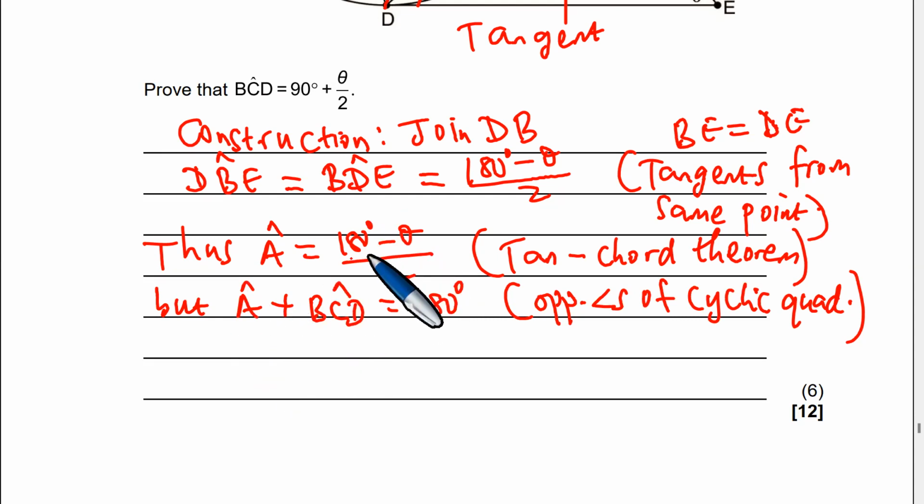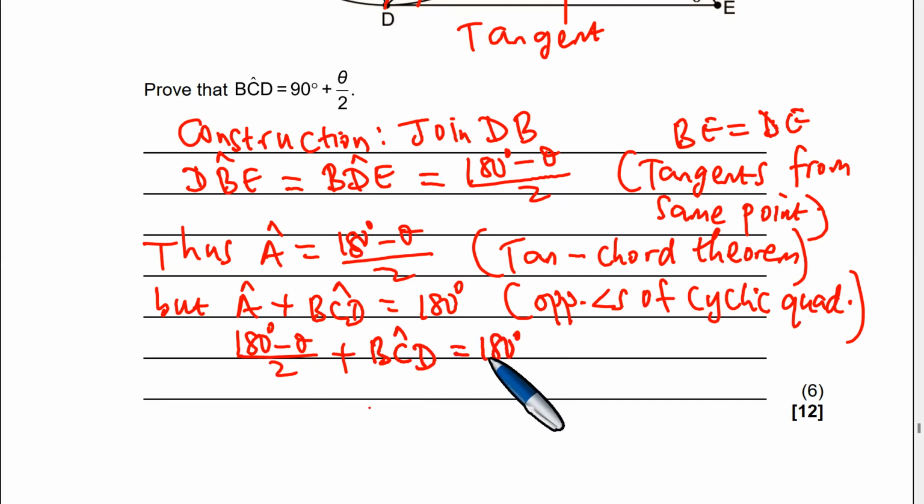In the place of A, we have 180 degrees minus theta over 2, plus BCD is equal to 180 degrees.